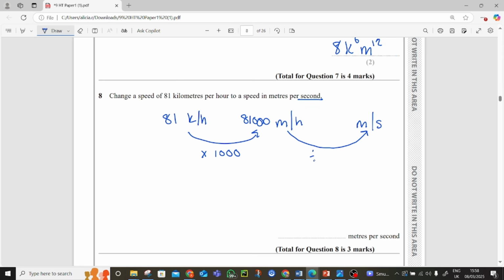This needs to get smaller because we're going to go less meters in a second than we would in an hour. So it's because the time is actually being divided here. So because it's per hour, we're going to divide by 60 to get it into minutes, and then divide by 60 again to get it into seconds, or it's the same as just dividing straight through by 360. And we have a final answer of 22.5.